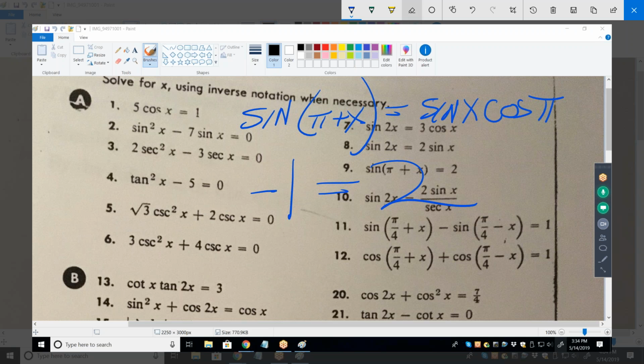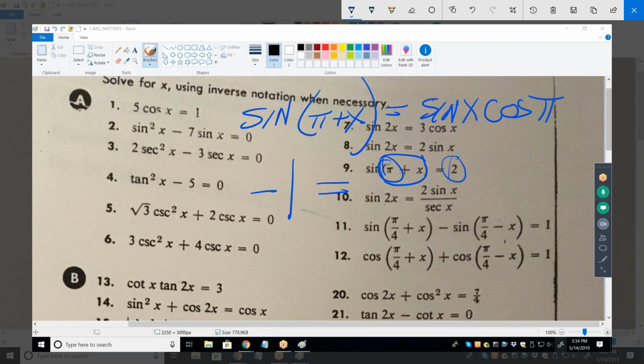And you can kind of see why there would be no solution, because the sine of pi is always 0 and I cannot add anything to it. In other words, if I treat pi plus x as a single angle, there's no way it can be equal to 2.